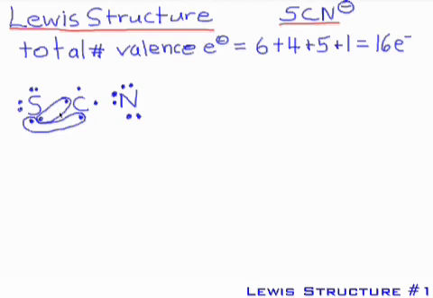Now, what can I do? Let's see. We can start sharing with nitrogen. That would be the first most obvious thing we could do. And if I start sharing with nitrogen, carbon and nitrogen both get 1. Now carbon's got 2, 4, 6, 7. Nitrogen has 7, so join it up again. What do I end up with here? It looks like this.